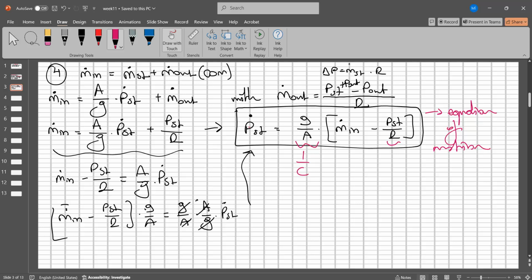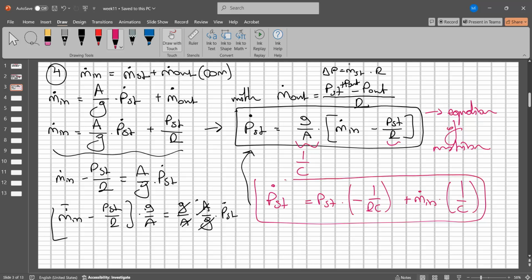If this is the analog, we have the capacitance and the resistance value, and if we define 1 divided by C, this equation becomes PST dot equals minus PST times 1 divided by RC plus M in dot times 1 divided by C. Okay? These are the equations. And C is equal to A divided by G. Okay?